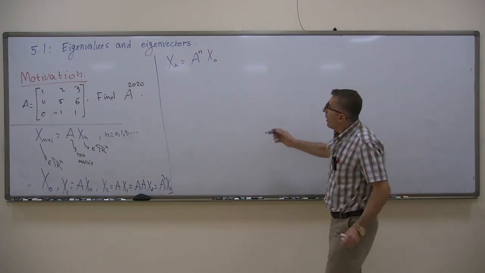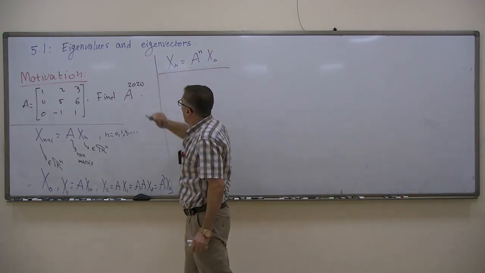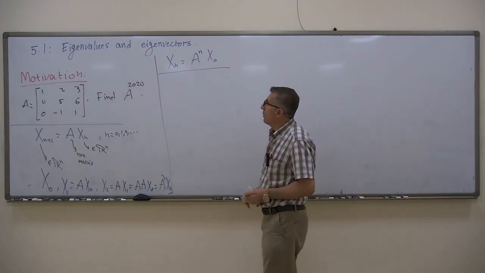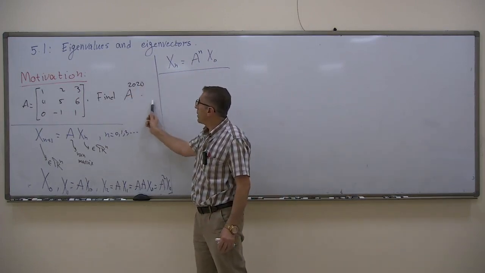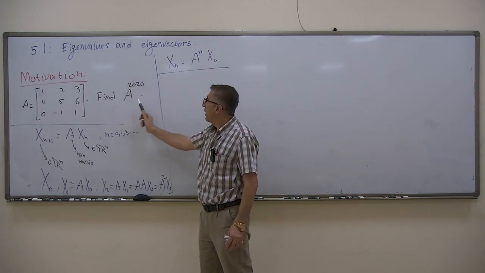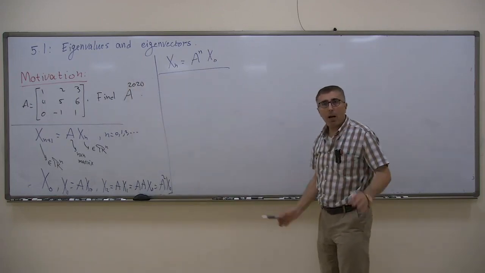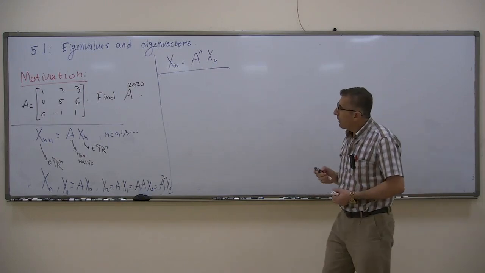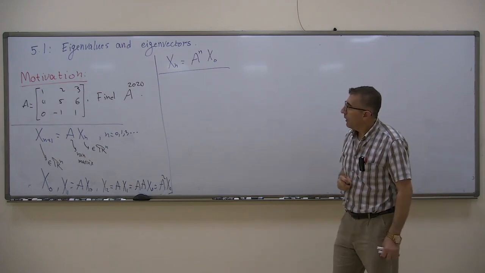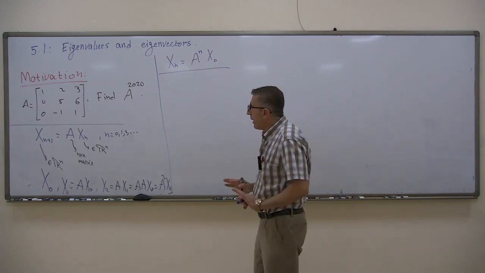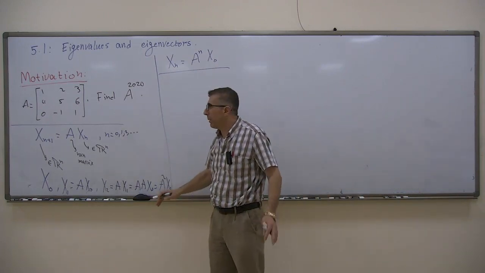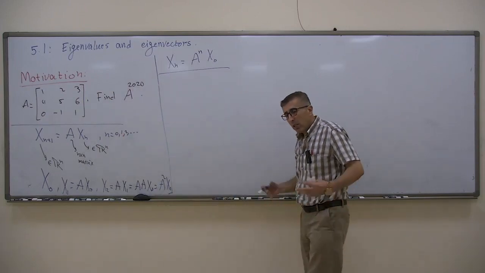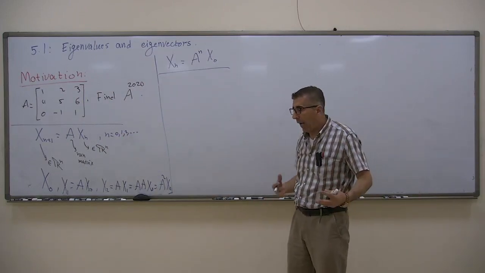Well, let's stop here and just think about now how to answer my question about raising A to some large exponent. Okay? Well, if you think about it in a computational way, I mean, you are wasting your time. Even supercomputers cannot handle this when your matrix is large. Okay? So we have to develop a smart way of handling this.